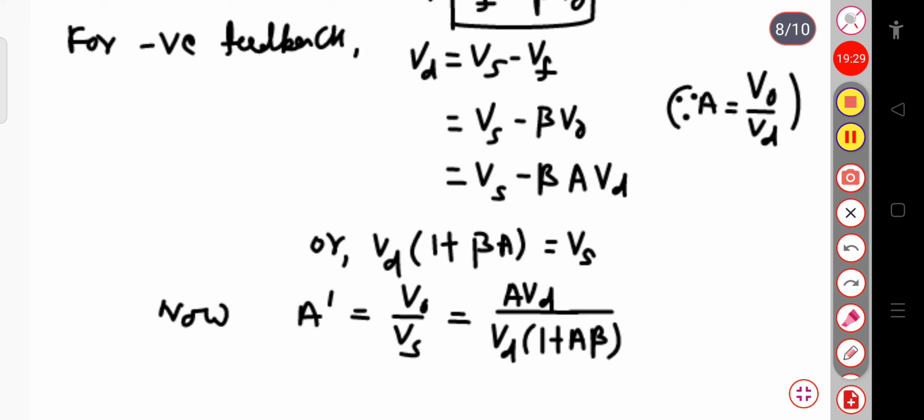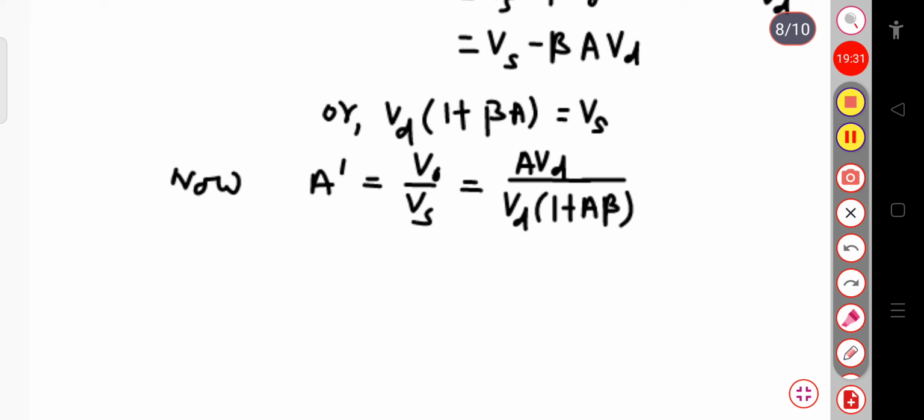Now this Vd, the differential voltage, gets cancelled, or simply we can write A prime will be equal to A divided by 1 plus A beta.